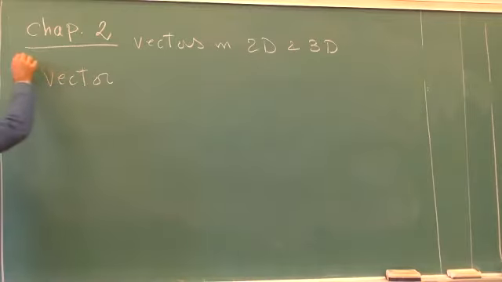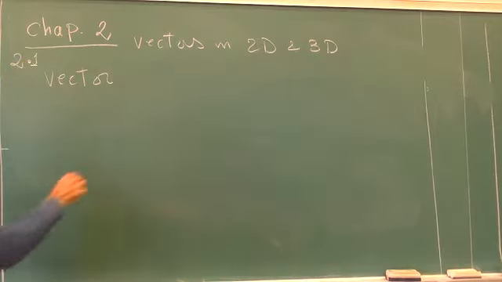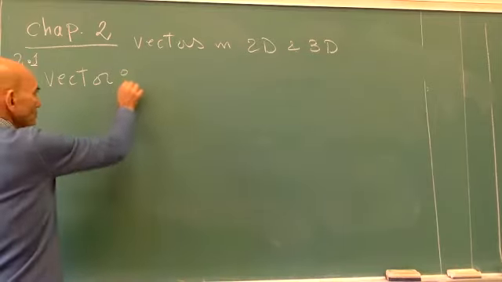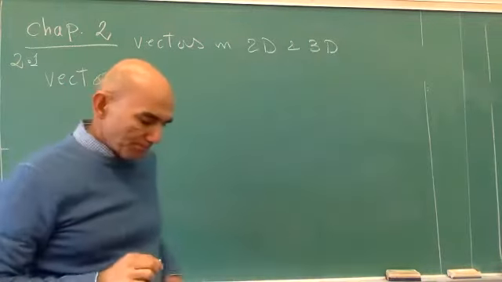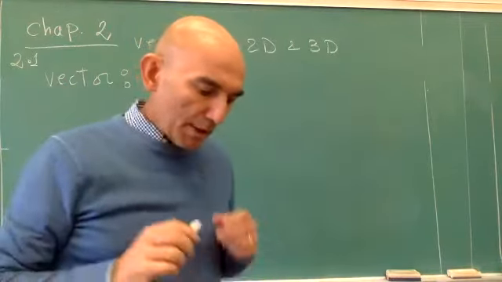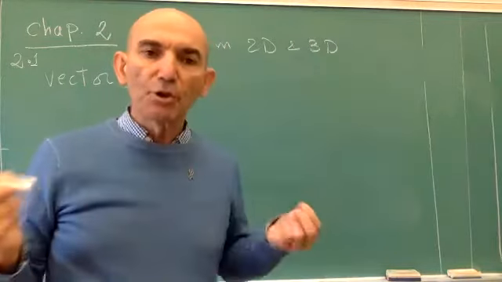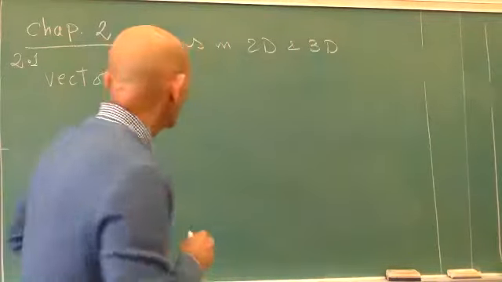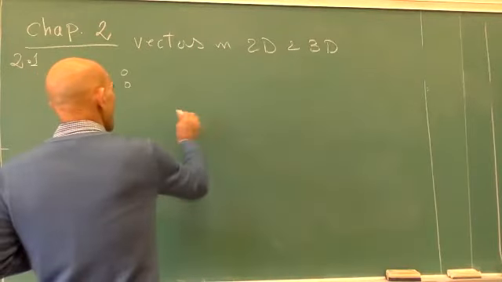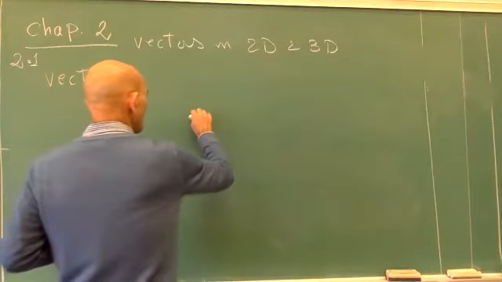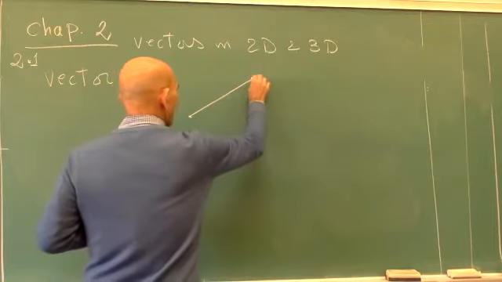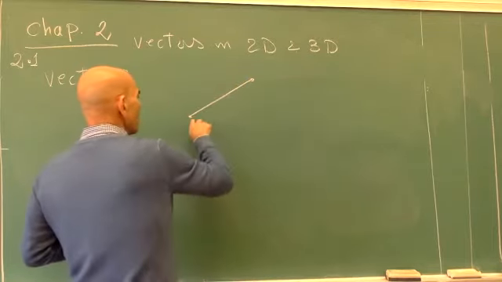So, of course, a vector, I believe this is in 2.1. So what is a vector? We can think of it as a geometric object, right? We have one initial point, and we have one end point, but that's not enough.